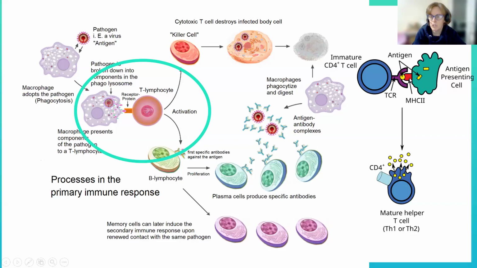It's got a special structure here, which can attach these antigens. Now, there are loads of these, so they can attach all the different shapes of antigen. Then what it will do is show that antigen, which is that bit of virus protein, to this specialized white blood cell here.